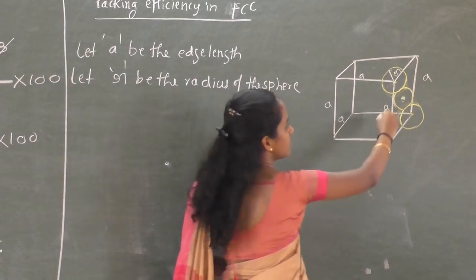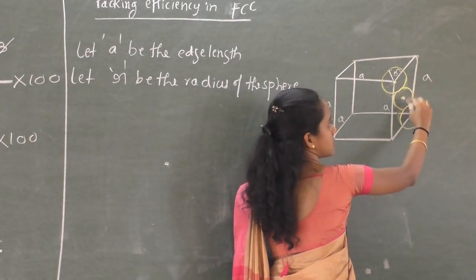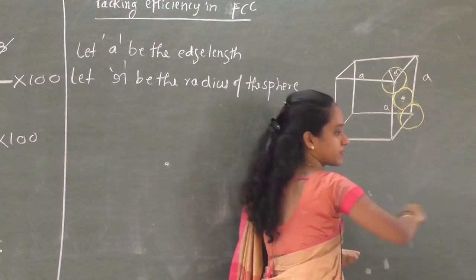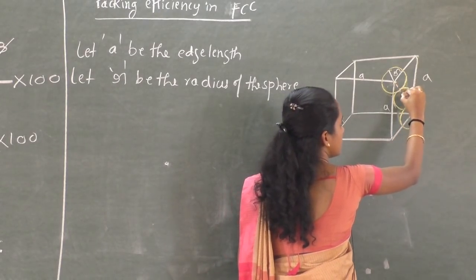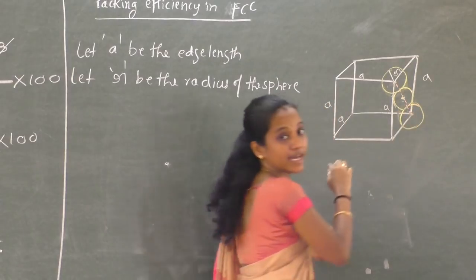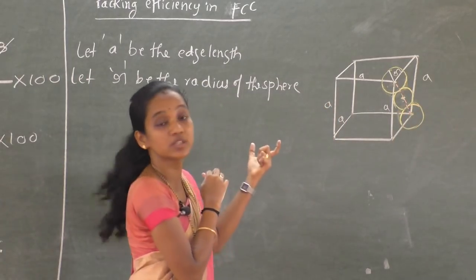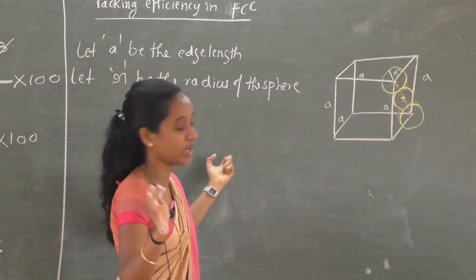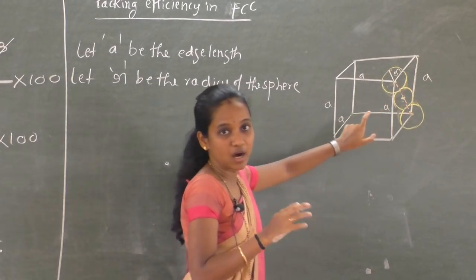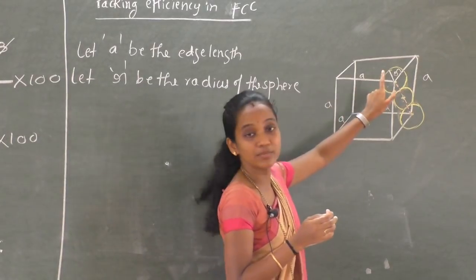For that, I'll join these 2 corners. See, the diagram is also very important. Without the diagram, if you write the derivation in the exam, you won't get any marks. This carries 1 mark. Out of 3 marks, you'll get 1 mark for the diagram.